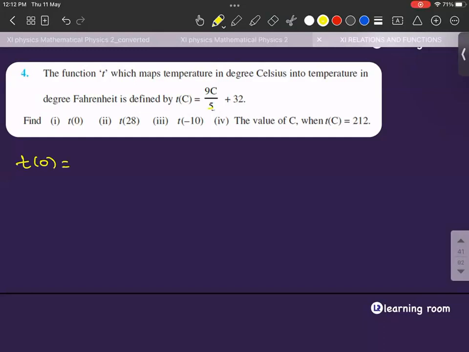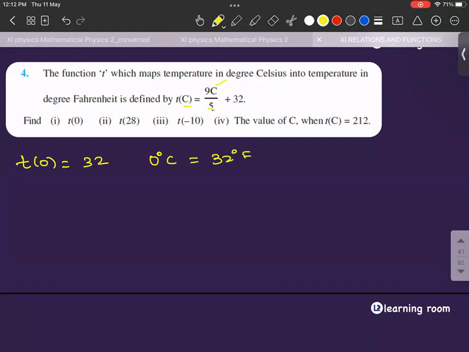Means the question is 0 degree Celsius is how much in terms of degree Fahrenheit? That's what the question is. So T of 0 is equal to 9 into 0 by 5 plus 32. Wherever C is there, I'm going to substitute a 0, because the variable is C. So it is going to be 32. Means 0 degree Celsius is equal to 32 degree Fahrenheit.